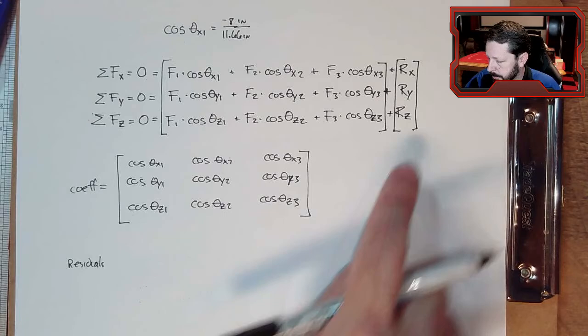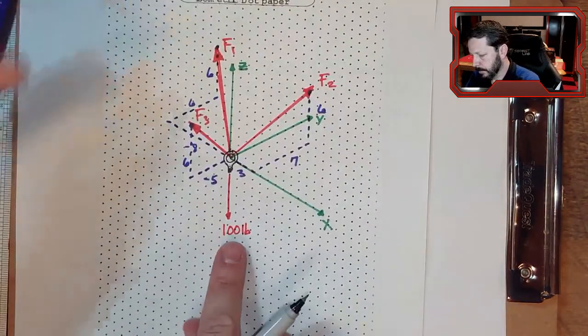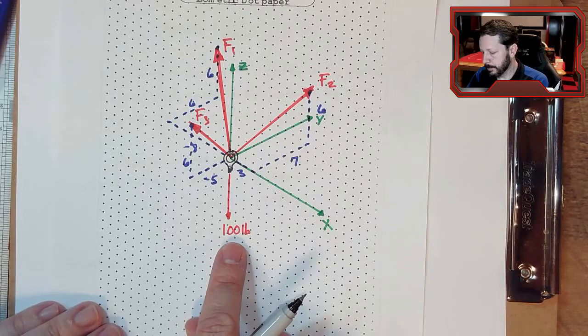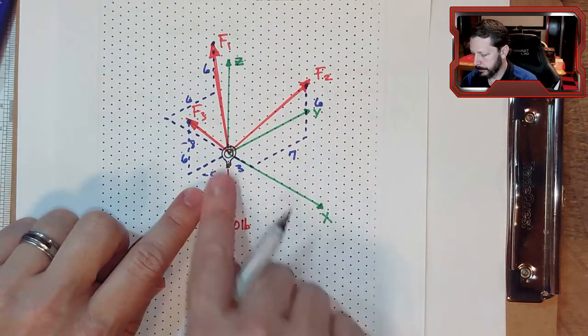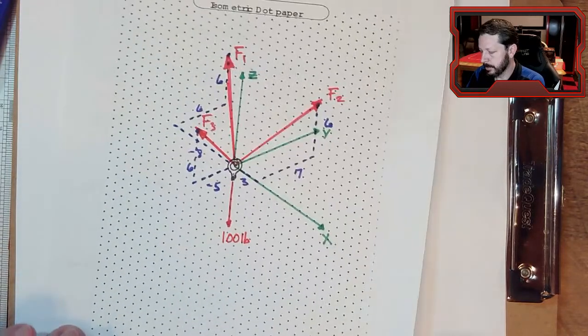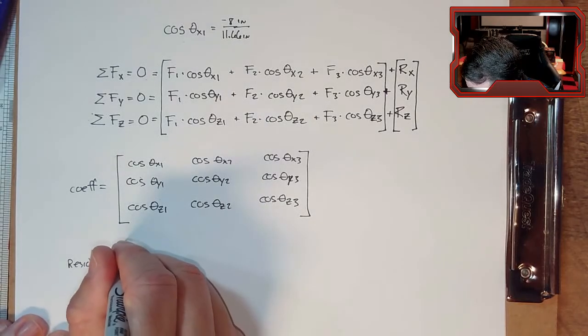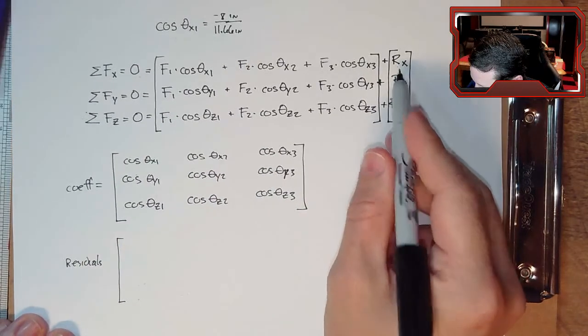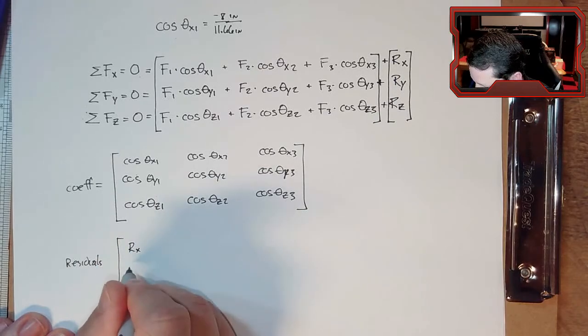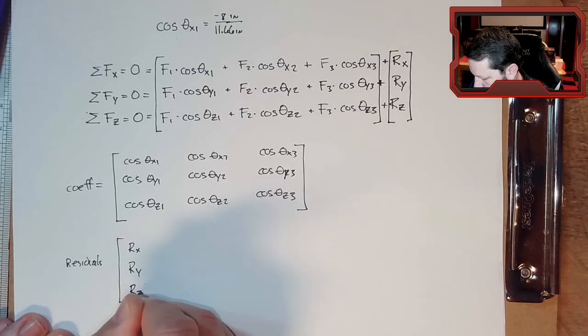In our case, the only thing that isn't associated with a variable is the 100-pound force. But if I had a 100-pound force and a 50-pound force, I'd have to lump those together to create this residual matrix. But in my case, I just have Rx, the x component of the residual, and Ry and Rz.